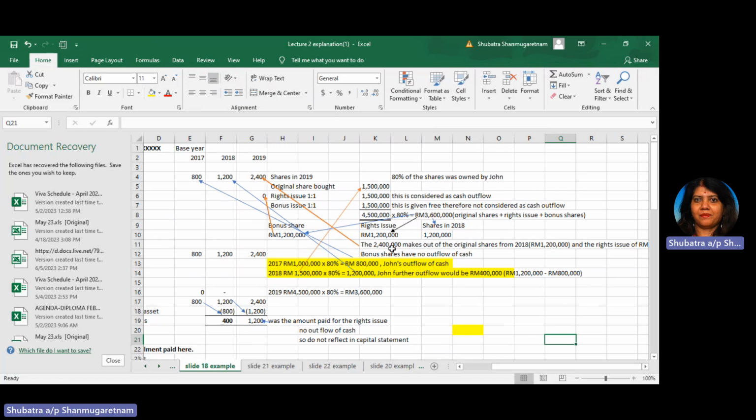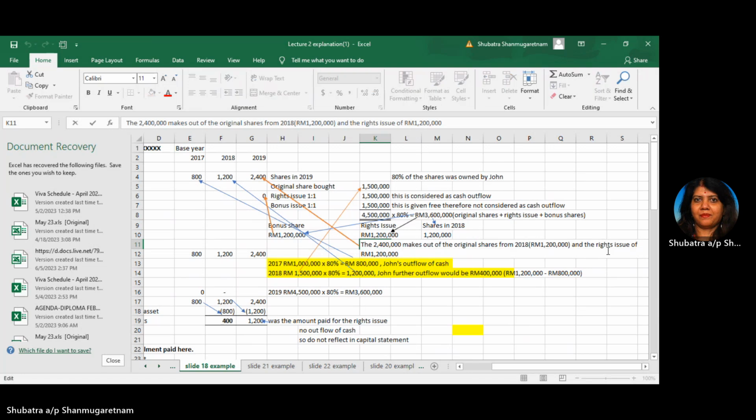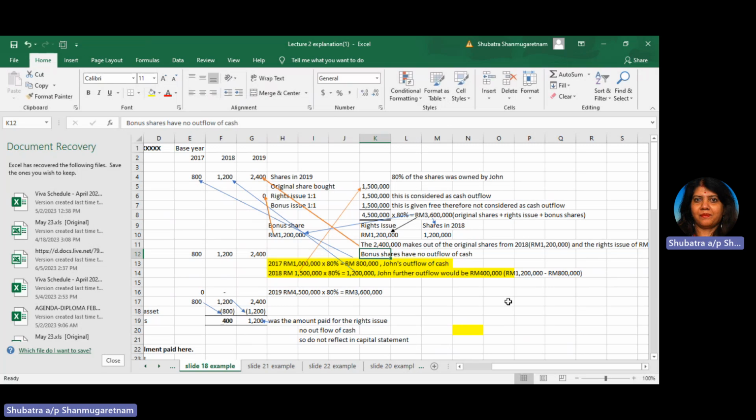The 2,400 makes out the original shares of 2018, which was 1.2 million, and the rights issue of ringgit 1.2 million. So in 2019, he actually has an outflow of 1.2 million because he bought that 1.2 million shares.